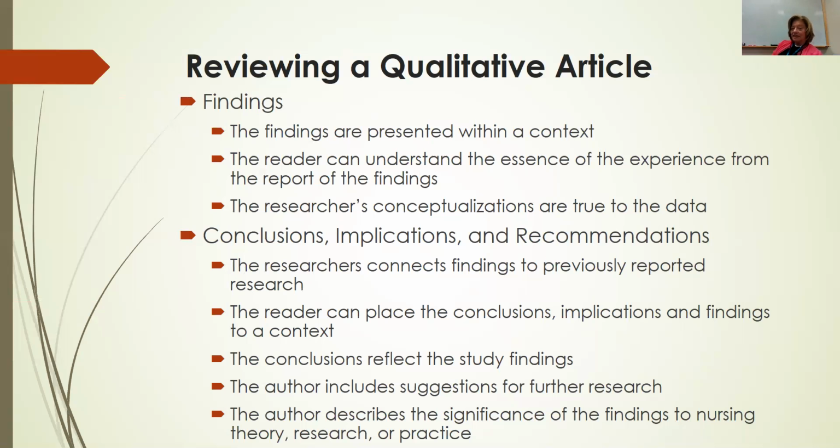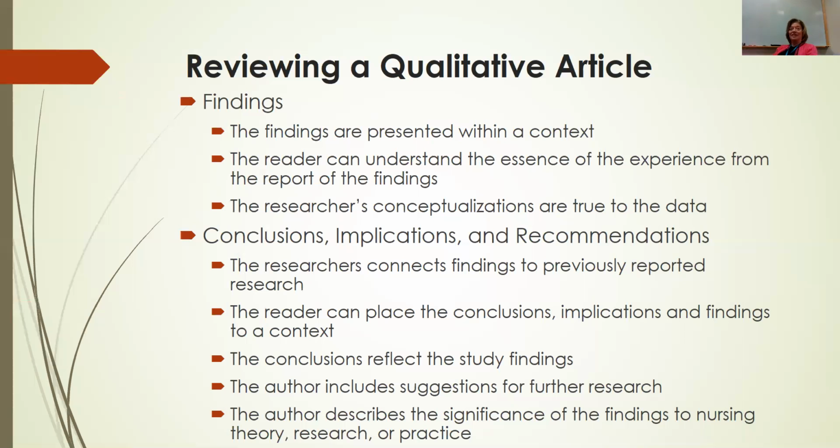And in the discussion, the researcher should connect findings to other research. The reader can place the conclusions, implications, and findings in context. The conclusions don't go outside of the study findings. People will say, well, I did my study and everybody should do this because my group said they liked it, and then they go on and on about what this should be.